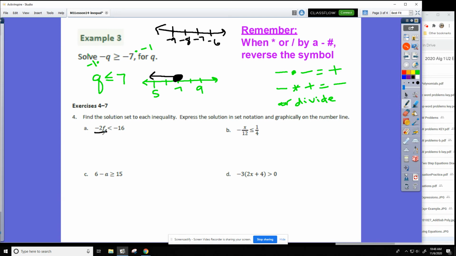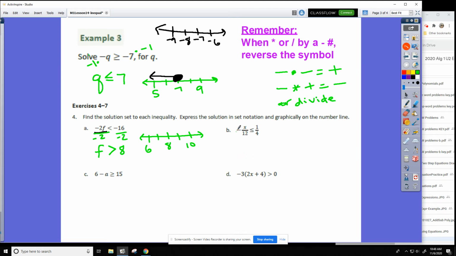Okay, so this one I'm going to divide by a -2, divide by -2. So I get F. Now since I divided by a -2, I'm going to reverse that. So I'm going to write my number line, 8, 9, 10, 7, 6, and I'll graph it next, and then we'll check them when we graph them.